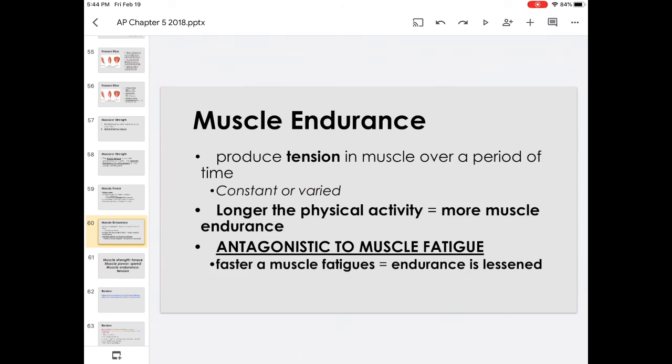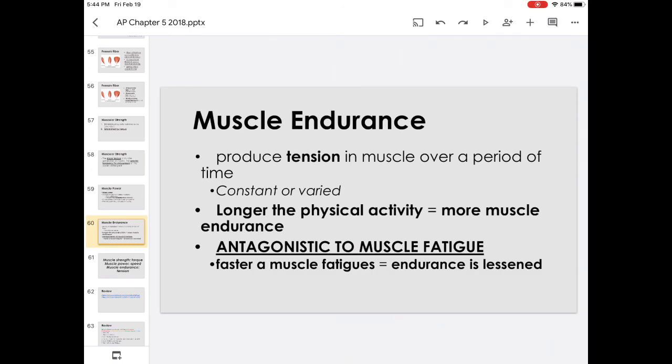Then you have something called muscle endurance, which produces tension in muscle over a period of time. So you can either have it constant or varied. When you have varied, it would be like you're running, riding your bike, or rowing. If you have constant muscle endurance, this is like your gymnast holding their position, right?